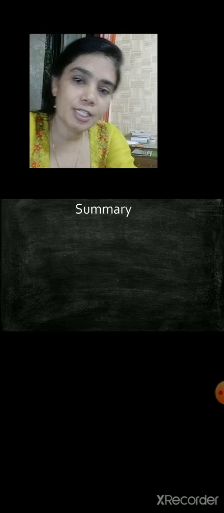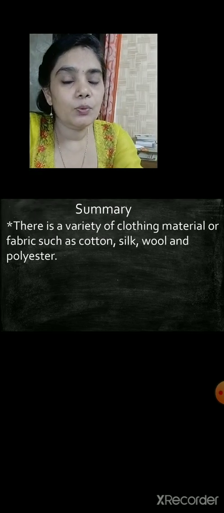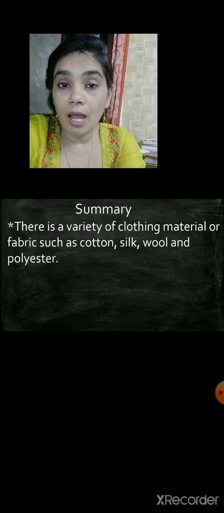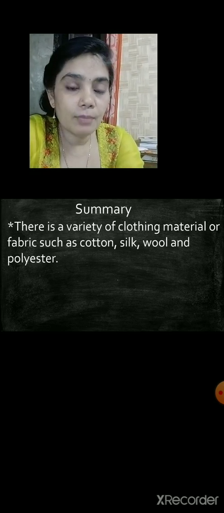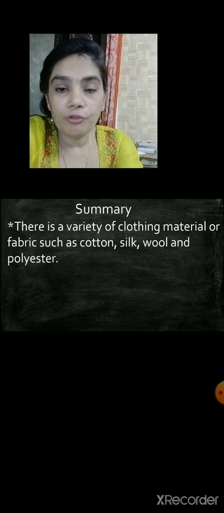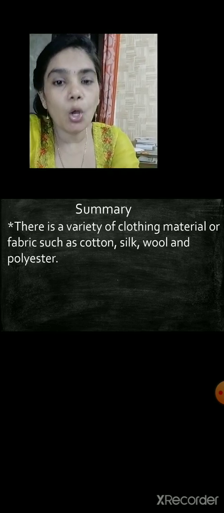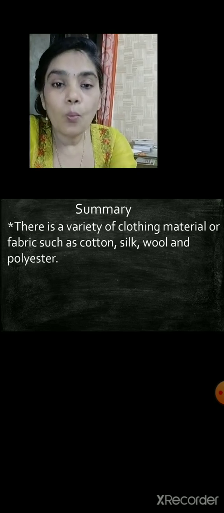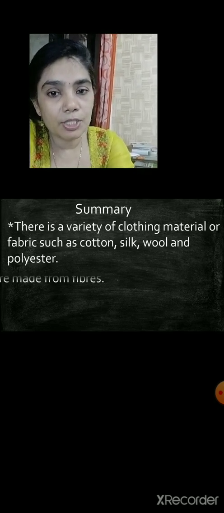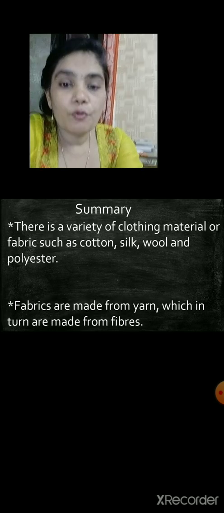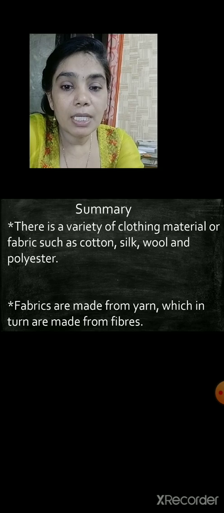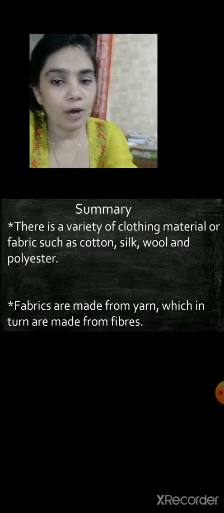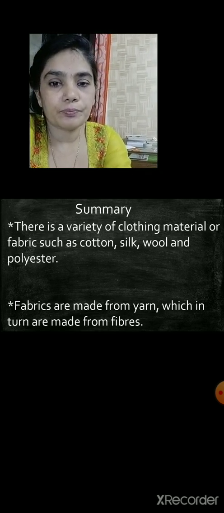And now let's read the summary of the lesson. The first point, what we learned in the first part of the video: there is a variety of clothing material or fabrics such as cotton, silk, wool and polyester. Fabrics are made from yarn, which in turn is made from fibers.